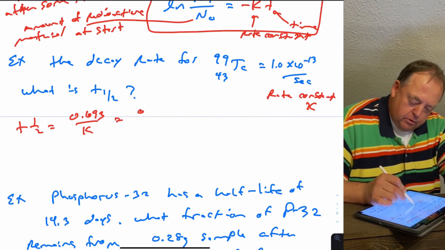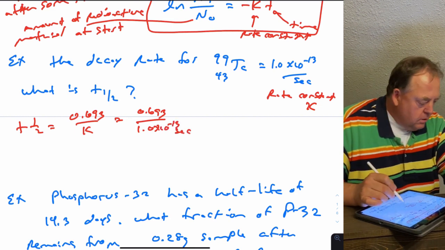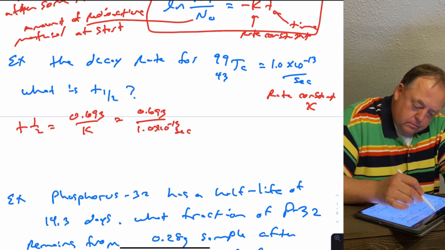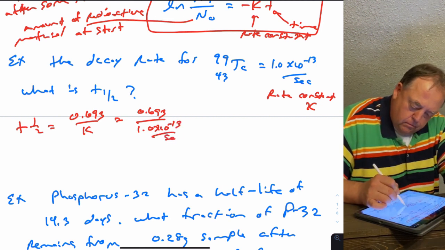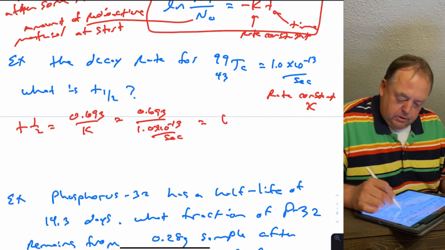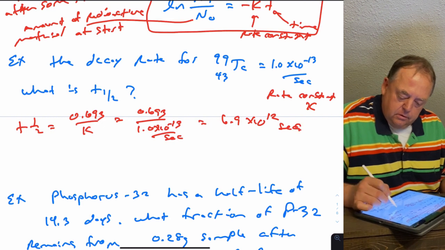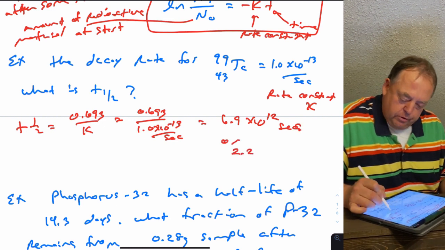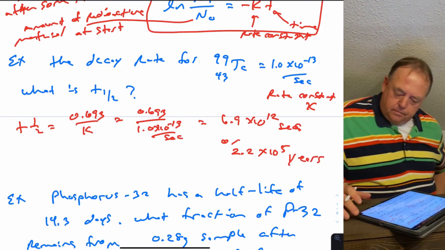So just plug in 0.693, plug in your rate constant, and solve, and you get 6.9 times 10 to the 12 seconds, or 2.2 times 10 to the 5 years would be its half-life.